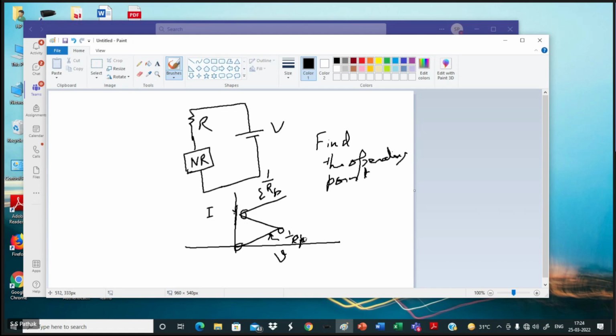So this will be extended to cut here, and this is your C. So your equation will be y equal to mx, where x is your V. You have to compute C. M you have computed. You have to find where it will meet this axis.